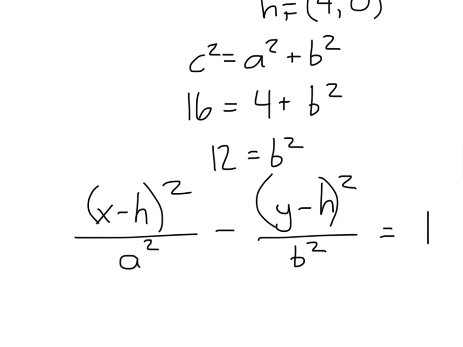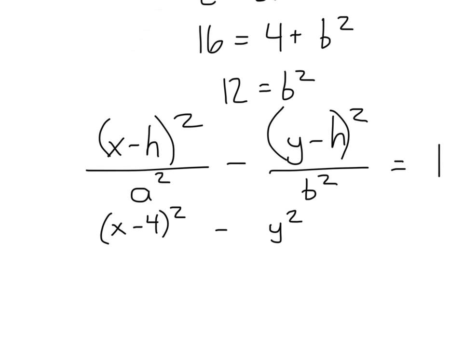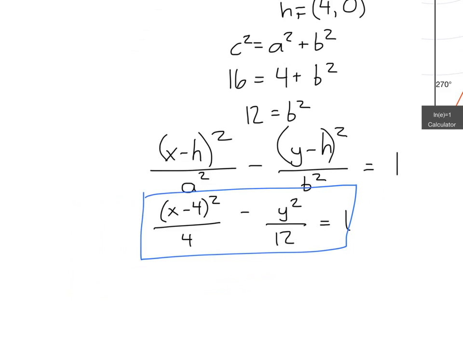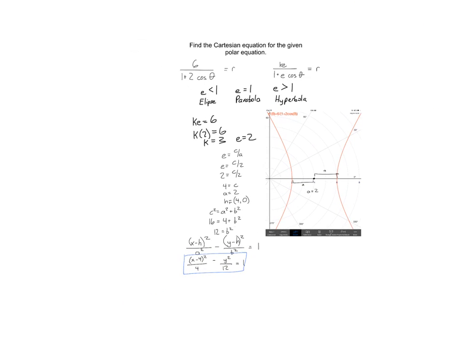We have (x minus 4) squared, minus, and then y is just y, there's just y minus 0, so that's just y squared. And then a we said was 2, a squared is 4, and we found b squared is 12, equals 1. So there you have it. There is our Cartesian equation for the original polar equation.